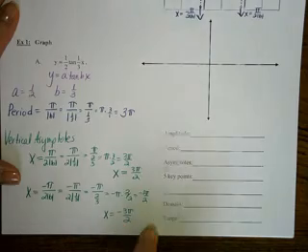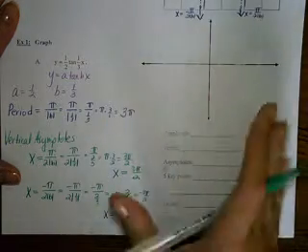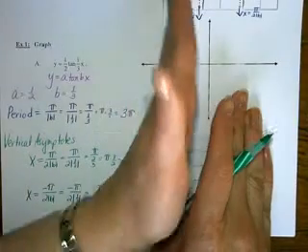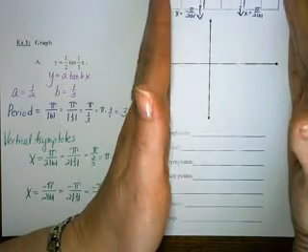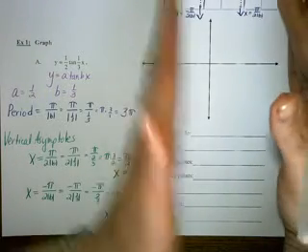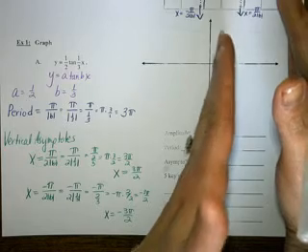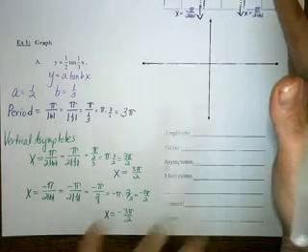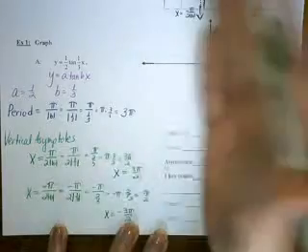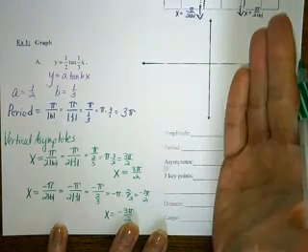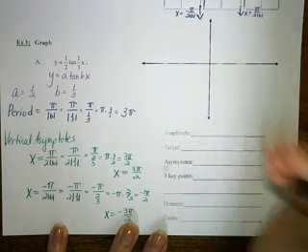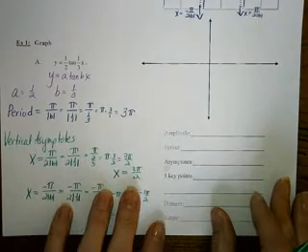Now notice, with sine and cosine, I put my y-axis over here because I knew my cycle was going to go to the right. Does that make sense? But with tangent, it doesn't. With tangent, my y-axis needs to be right there in the middle because my graph is equally distributed on each side of the y-axis. Does that make sense to you? Okay, so my first vertical asymptote is at 3 pi over 2.